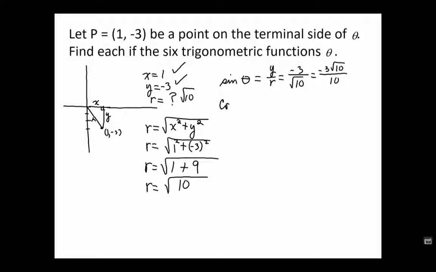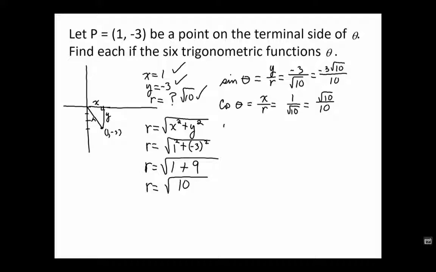The cosine of theta is defined to be x divided by r. X is 1, r is the square root of 10. If we rationalize this, we get 1 times the square root of 10 divided by 10.